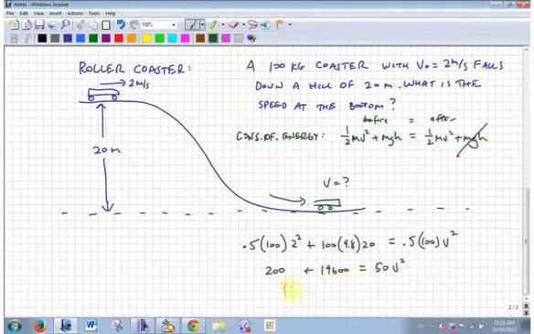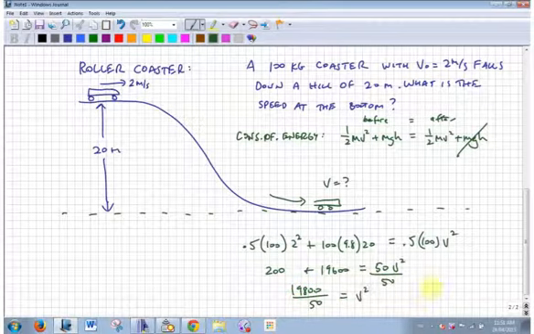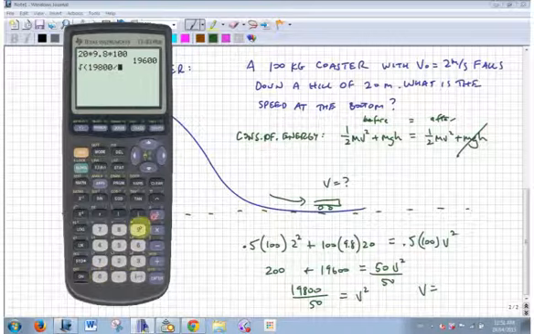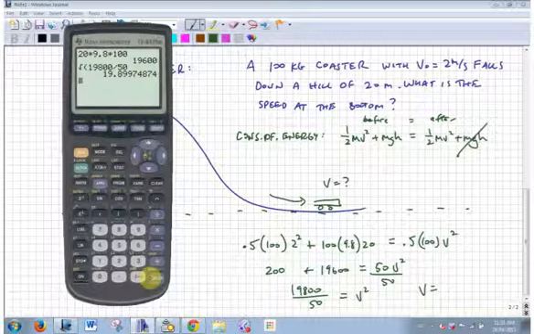So add those, divide by that, that's v squared, so v is the square root of that divided by that. 19.9 meters a second.